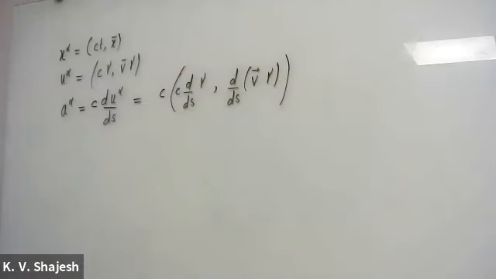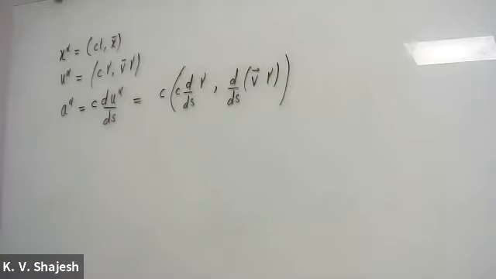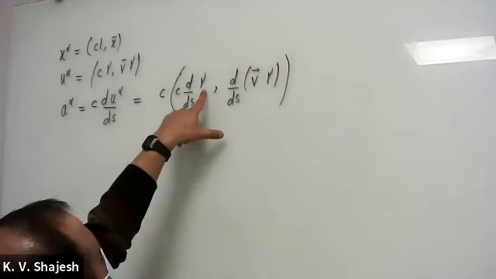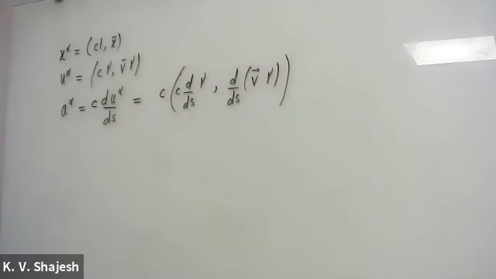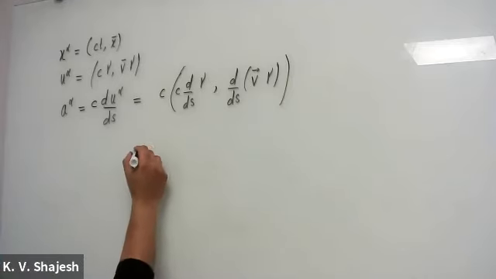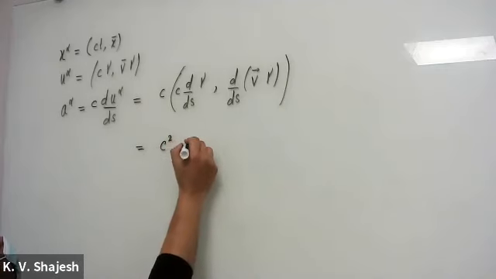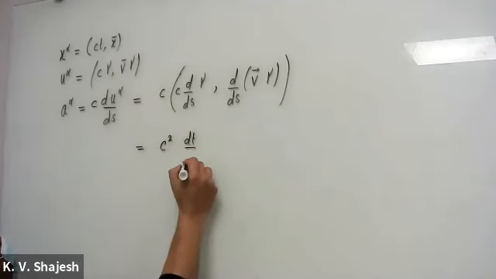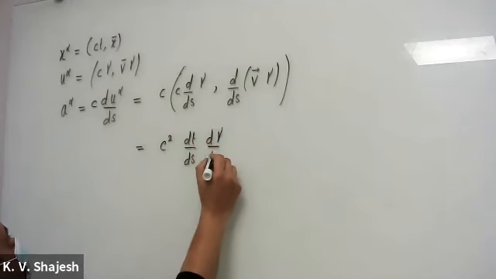This is standard simple derivative. I just took it inside. Clearly, there are many places it can hit. It can hit the gamma or the velocity, or it can hit this. Make it a chain rule. So this is c squared and dt by ds and d gamma over dt.